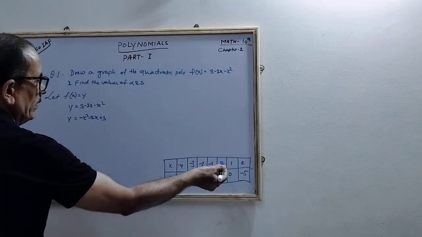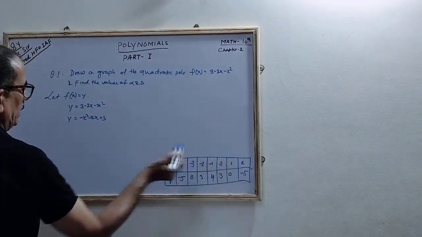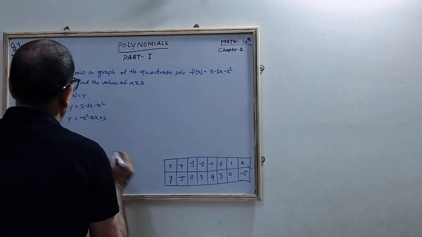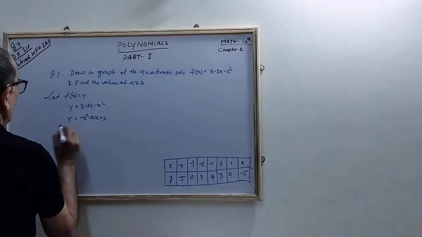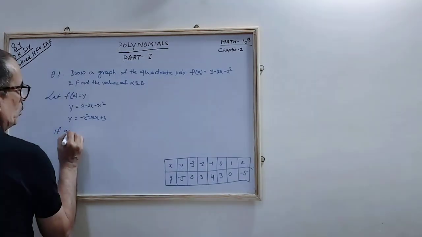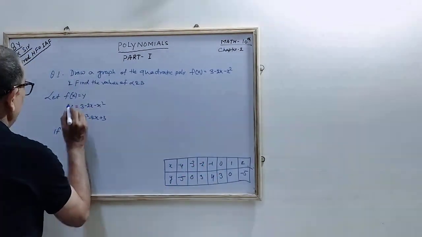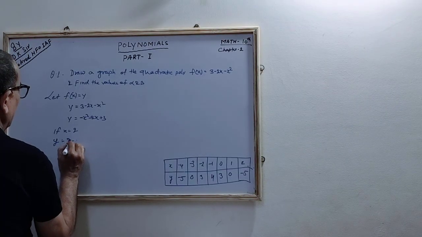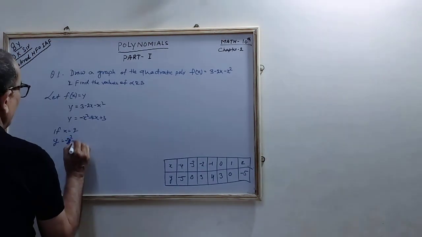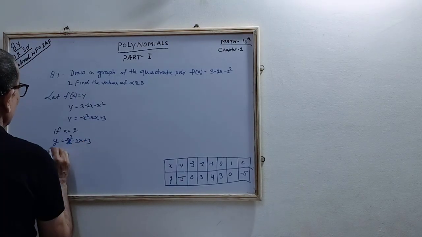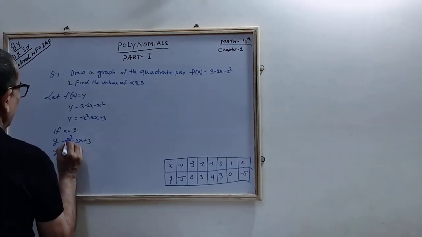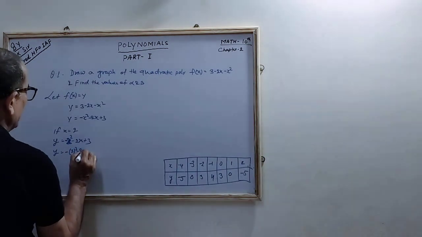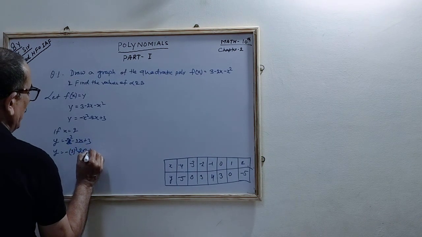Now I am proving one of these, and you can check it one by one. Suppose x is equal to 2, I am showing how I derived it. You will write y is equal to minus x square minus 2x plus 3. So y is equal to minus, we put 2 square, minus 2 into 2, putting the value of x as 2, and plus 3.